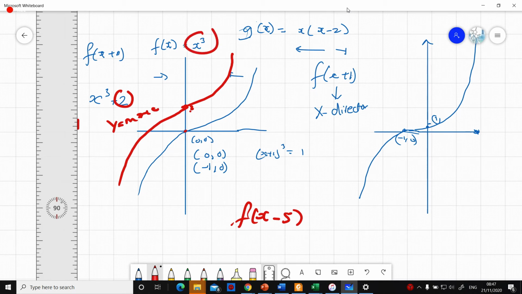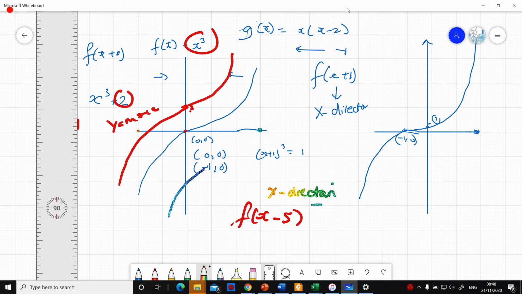F of x minus 5. You know f of x is x cubed, which we have here, and we said that we're going to do minus 5, which means that it will be shifted here, it's in the bracket, so the x direction, and we said that therefore if it's in the x direction we do the opposite, so plus 5 would be something here.